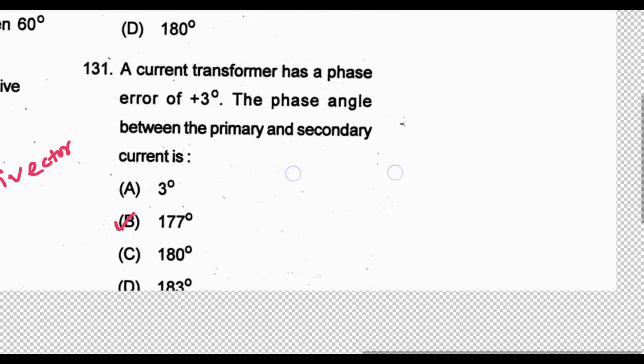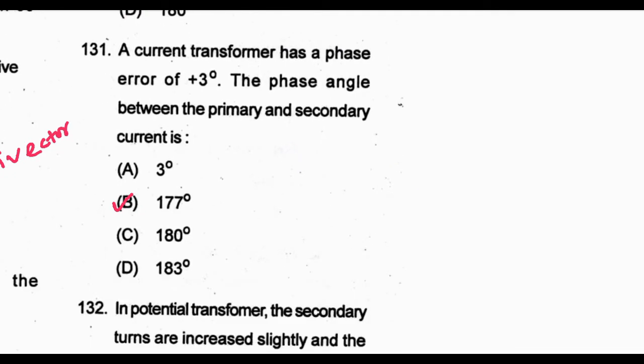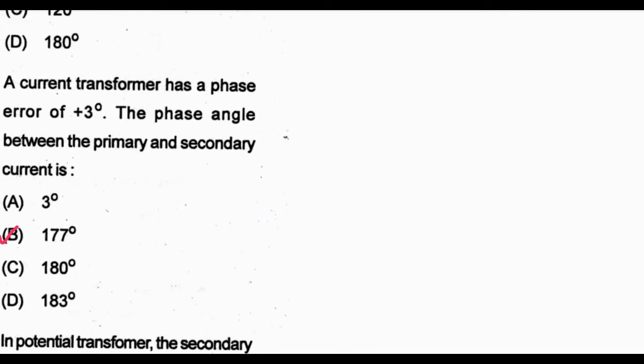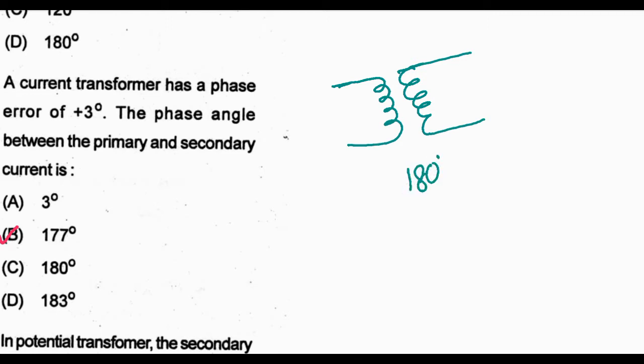Next question is, a current transformer has a phase error of 3 degree. The phase angle between the primary and secondary current is? So here this is a very easy thing, because in any transformer the primary winding and secondary winding currents have a phase shift of 180 degree, if we don't consider the load, that means suppose we are connecting a purely resistive load, then it will have the phase shift of 180 degree.